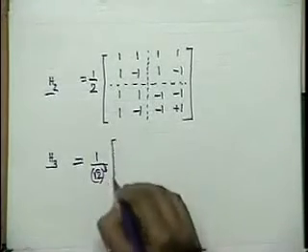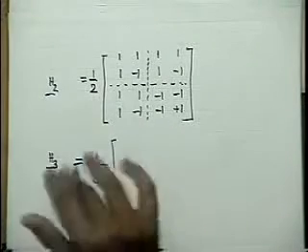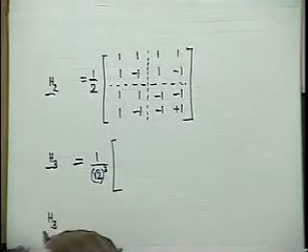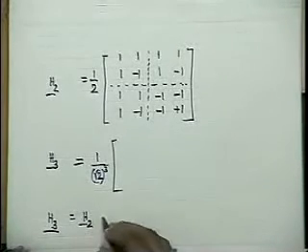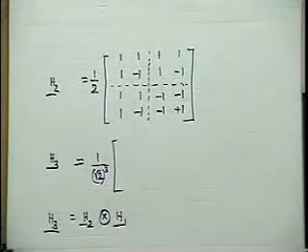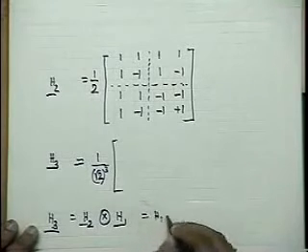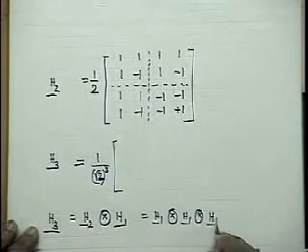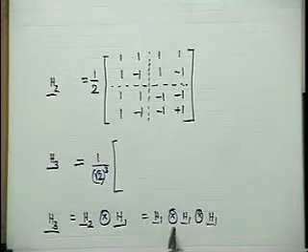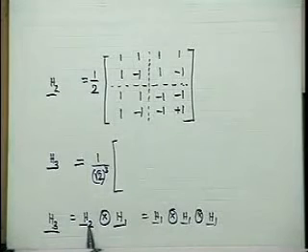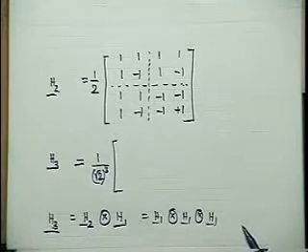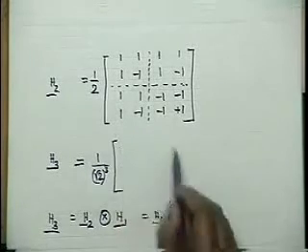And what are the elements of the Kronecker product? Simply, H3 is H2 Kronecker product with H1. Or rather it is the same as writing H1 Kronecker product with H1, again Kronecker product with H1. But because Kronecker product of H1 with H1 itself is H2, it is H2 Kronecker product with H1.